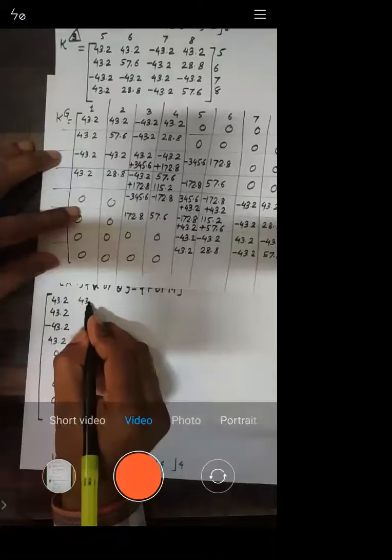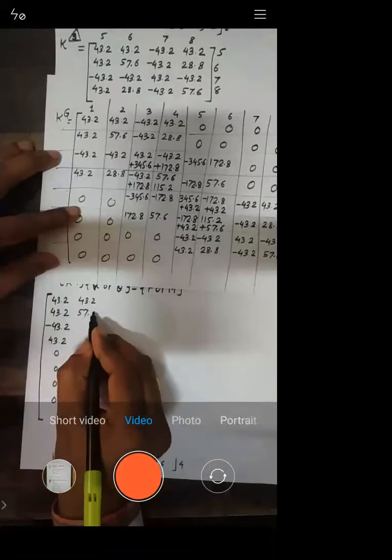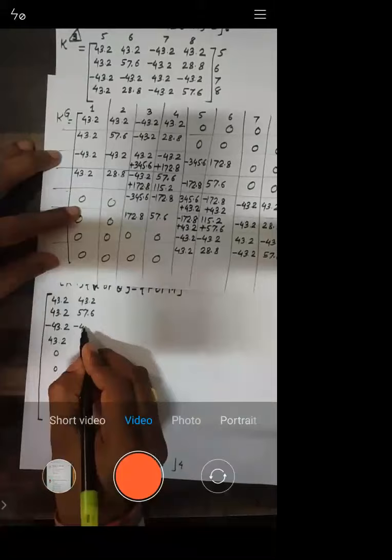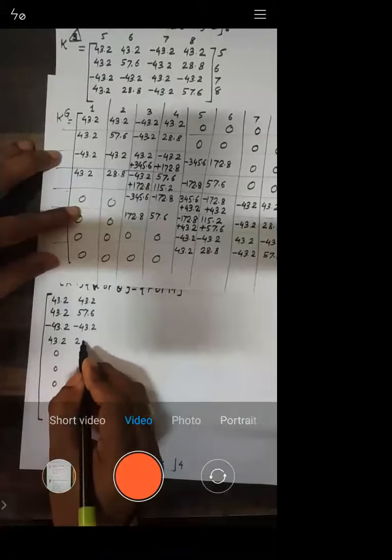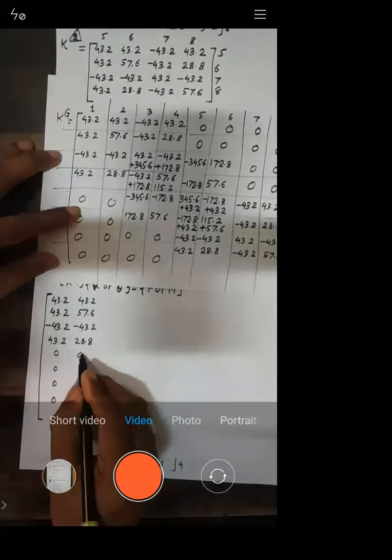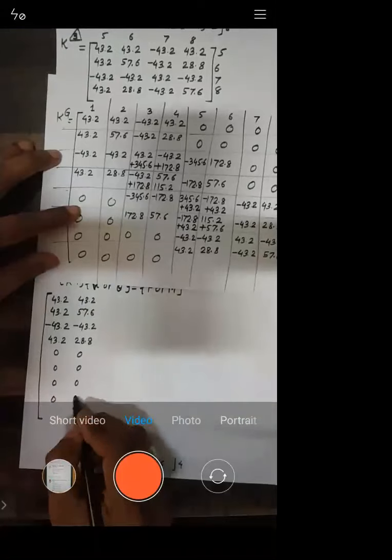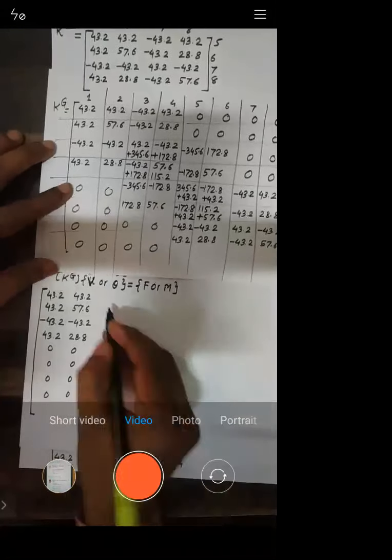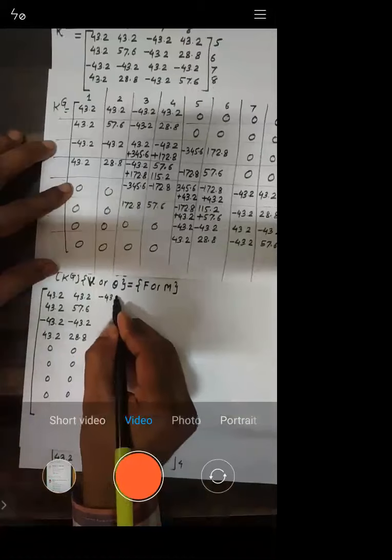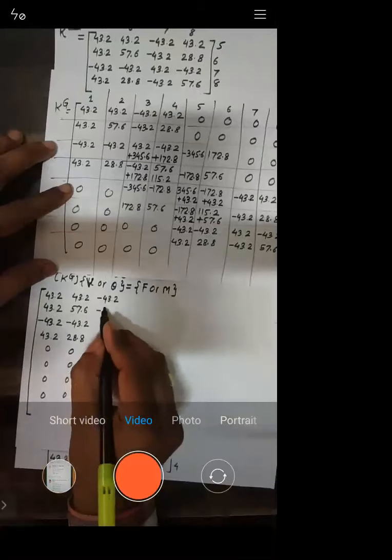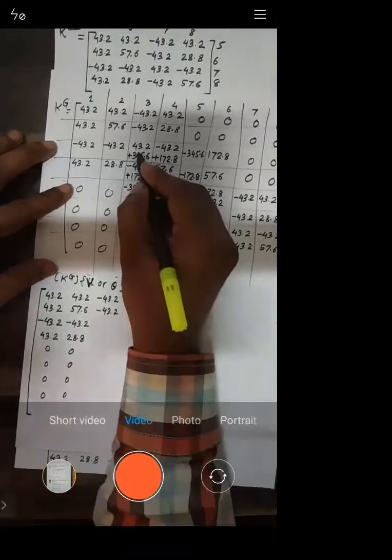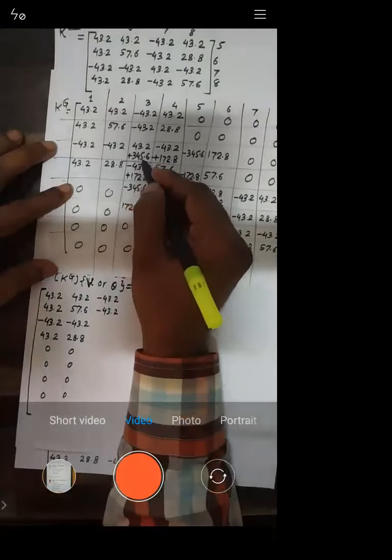And this is 43.2, 57.6, minus 43.2, 28.8, 0, 0, 0, 0, right? So this is minus 43.2, minus 43.2. Now tell me 43.2 plus 145.6.